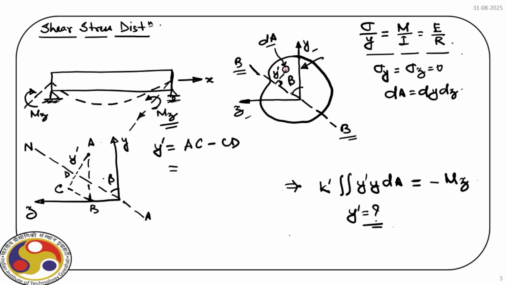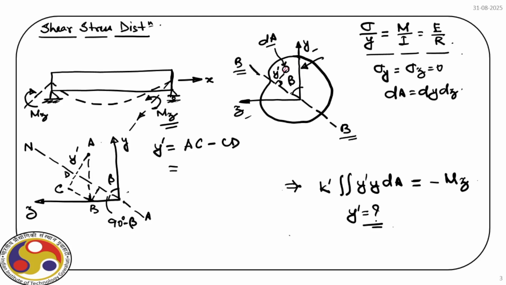Now AC we have to quantify, so for that let us just draw another perpendicular here, and this angle is 90 degree minus beta.